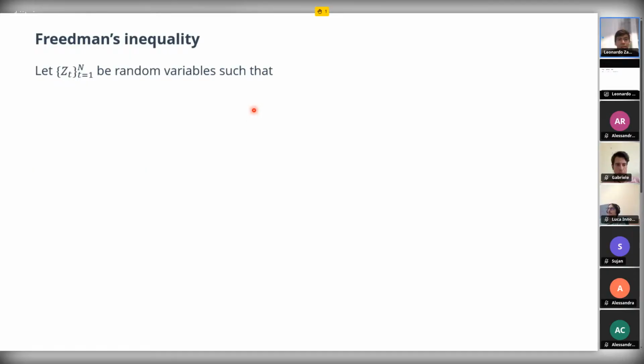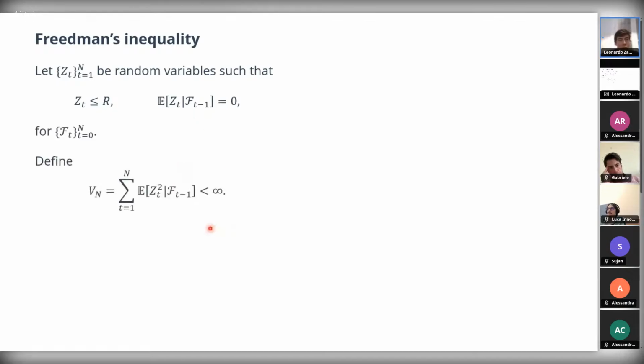Okay, so this is a scalar version. We have a set of random variables, which in our case will represent our estimation errors. We need them to be bounded by some constant R, and they have to be conditionally centered, so the conditional expectation needs to be 0. Then they also have to satisfy this condition, which is some sort of conditional variance. This is called the predictable quadratic variation.